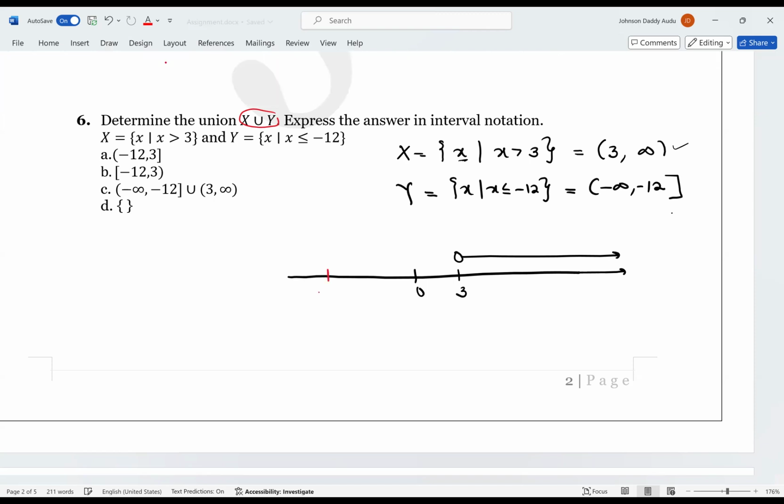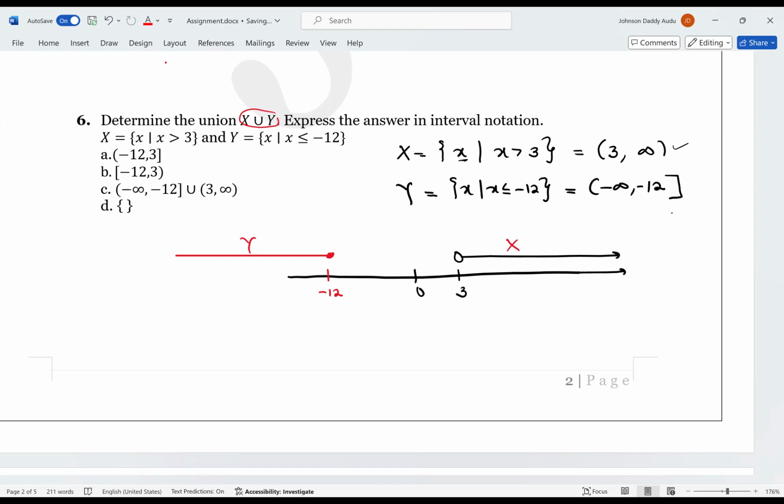So let's assume this is -12. And then this is -12 close. Okay. So now this is what? This is set x, right? And this is set y.